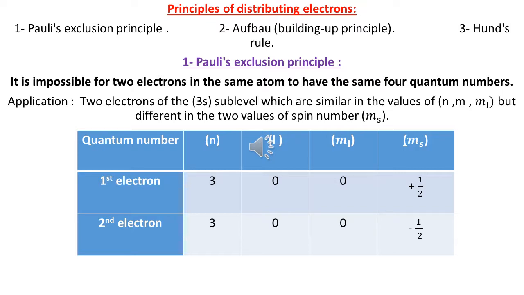If the first electron has n equal 3, l equal 0, ml equal 0, ms is clockwise plus half, the second electron must be n 3, 0, 0, negative half. It's impossible to find two electrons in the same atom with the same four quantum numbers.